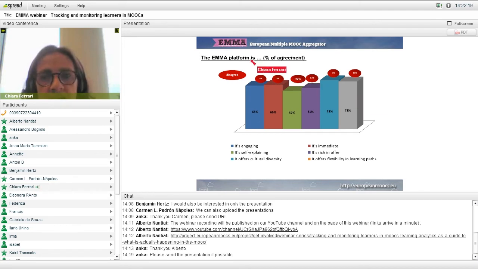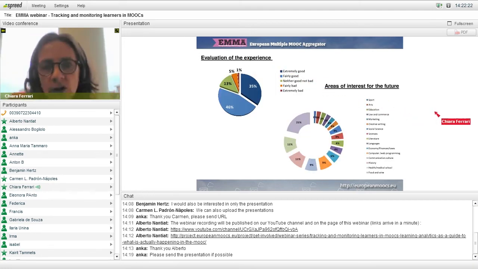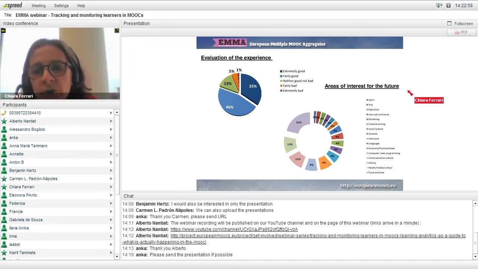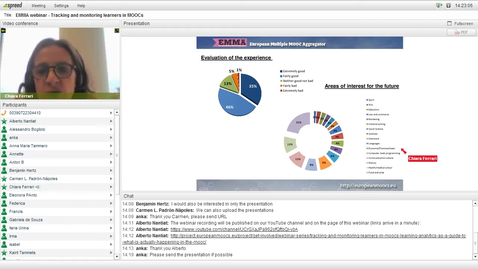Another interesting data which we collected is about, of course, the evaluation of the experience as a whole, but also what the people navigating EMMA and taking MOOCs in EMMA were looking for in the future, because as you can imagine, at the beginning we had a smaller number of topics and themes for our MOOCs, and now we have an interesting variety of MOOCs, but again we know from this that people expect to have more variety, and also we know the weight of the various themes they would like to find in EMMA.